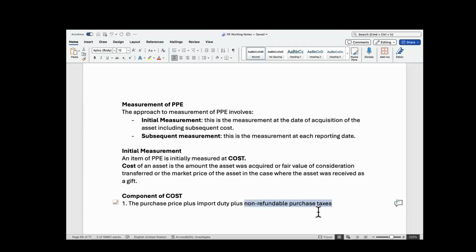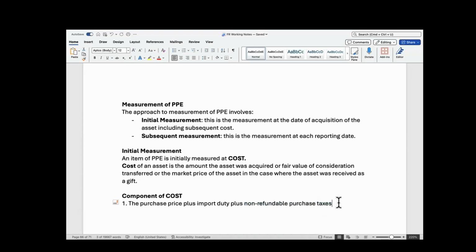But if it is non-refundable, in the sense that the tax you have paid is final and you cannot claim that VAT back when filing your returns, then such taxes are usually added as part of the cost of the asset.